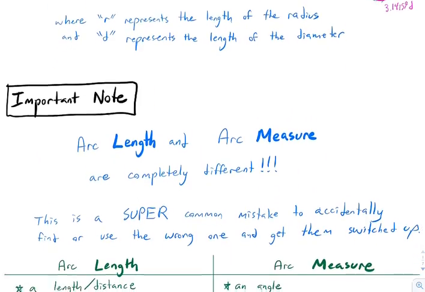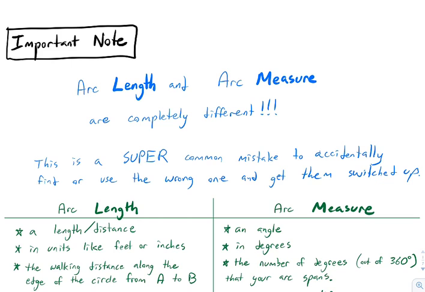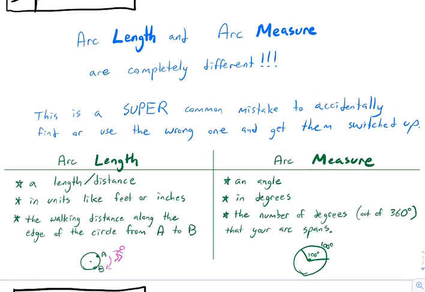So super common mistake. The main differences here are arc measure that we've done in the past has to do with an angle. It's in degrees. You're saying out of 360 degrees total, how much do I have? Well, I have 100 degrees out of my 360. It's kind of like a percent of the circle.